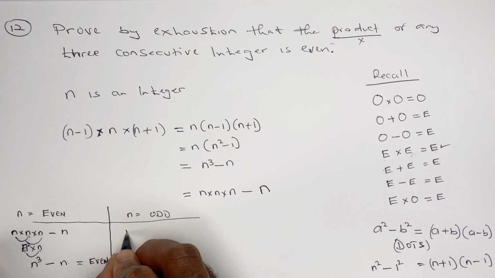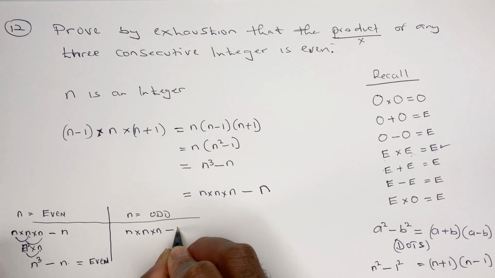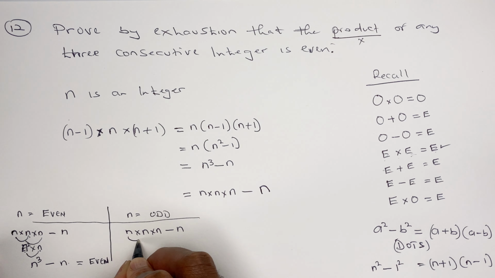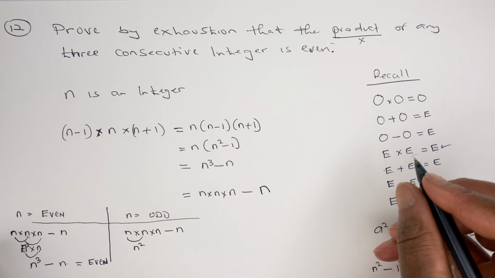Now let's try that with odd. N times n minus n. So n times n, odd times odd, n squared. This n squared is odd. Odd times odd is odd. And then we times that by n. So again, odd times odd will be odd again. So that will be n cubed, which is odd.